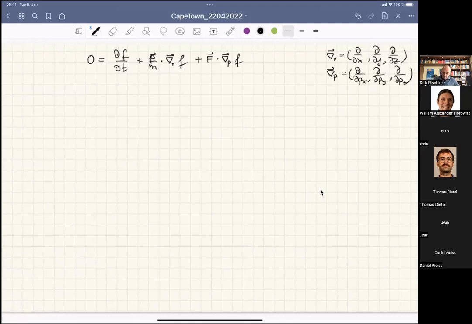This is the Boltzmann equation in the absence of collisions. Actually, with the force term, it's sometimes also called the Boltzmann-Vlasov equation in the absence of collisions. All right, and that partial differential equation gives you f, the distribution function, which you were after.